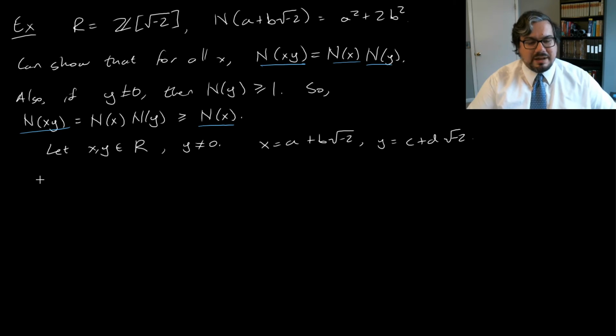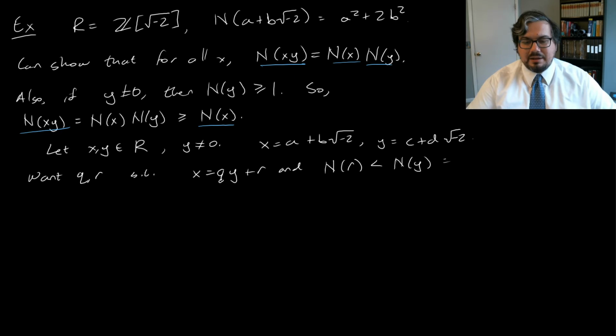We wish to find q and r such that x is equal to qy plus r, and the measure of r is less than the measure of y, which is c squared plus 2d squared.